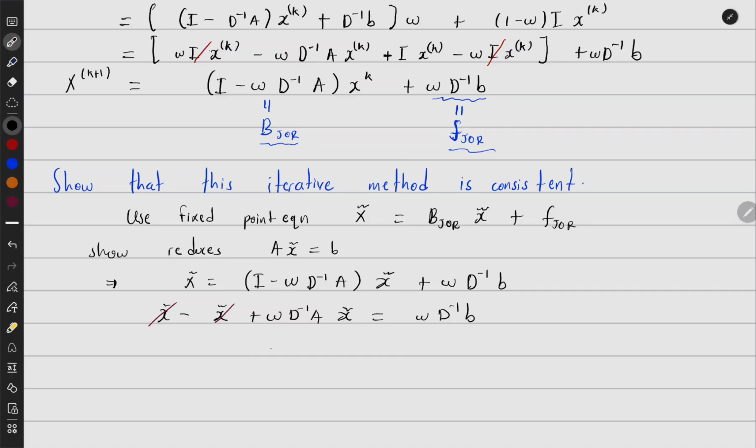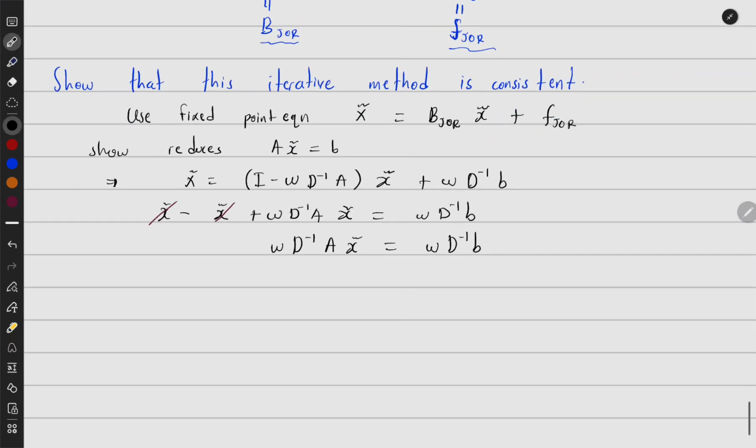I remain with omega D inverse A x bar equals omega D inverse b. We see that these can cancel, so it simplifies to A x bar = b. Therefore, my iterative method is consistent. Just like that.